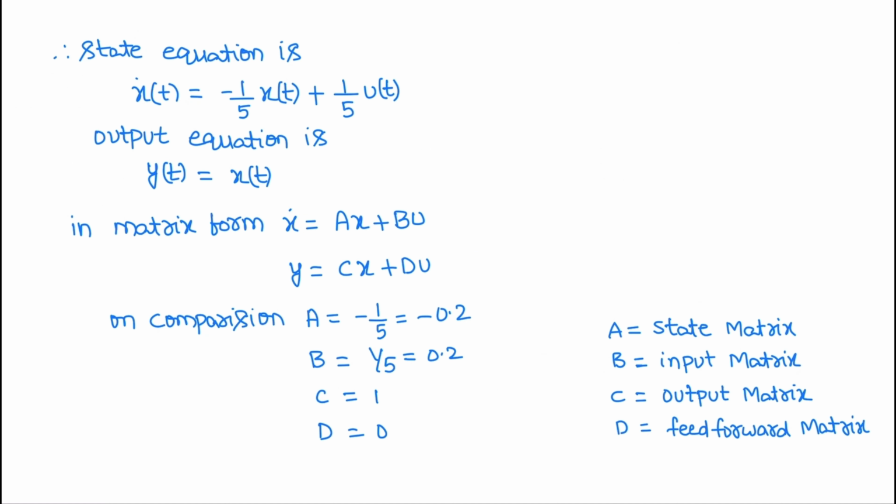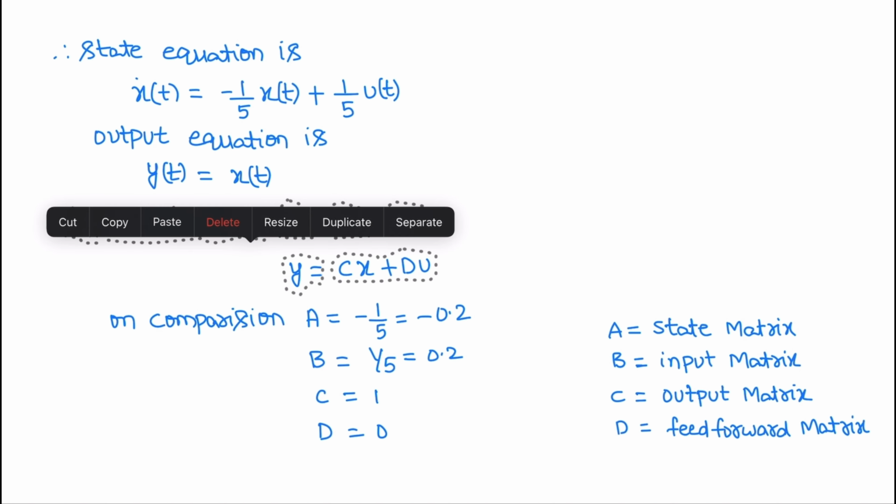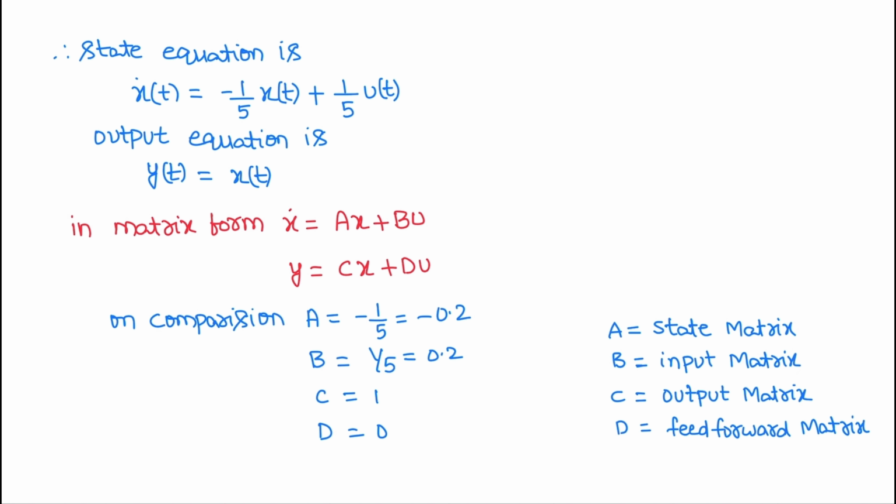And the state equation is x dot of t = minus 1/5 x of t + 1/5 u of t. Now the output equation is y of t = x of t. In matrix form, x dot = Ax + Bu, y = Cx + Du, where A is the state matrix, B is the input matrix, C is the output matrix, and D is the feed forward matrix.